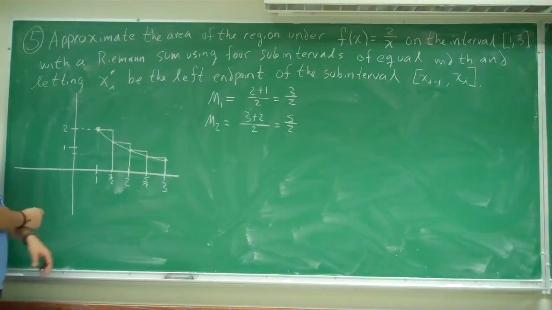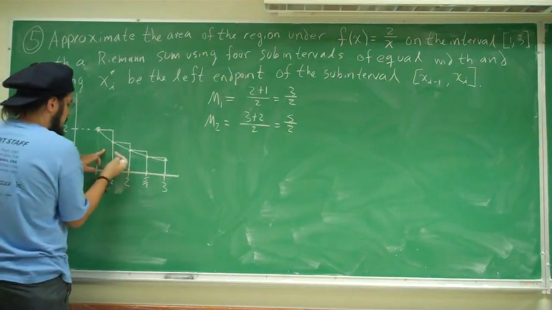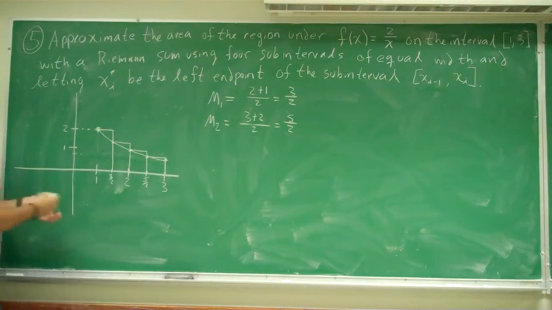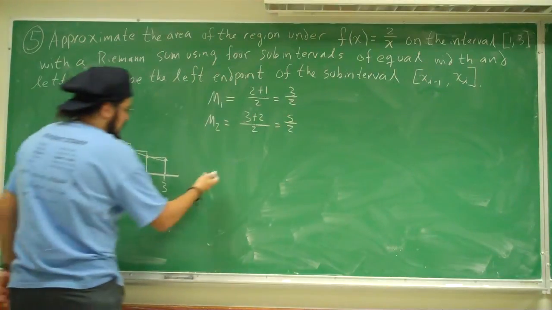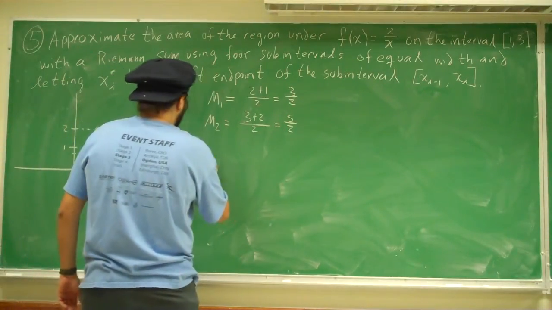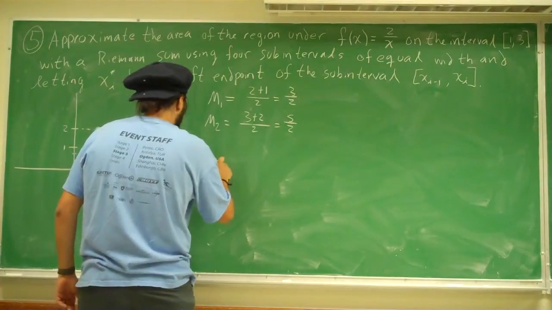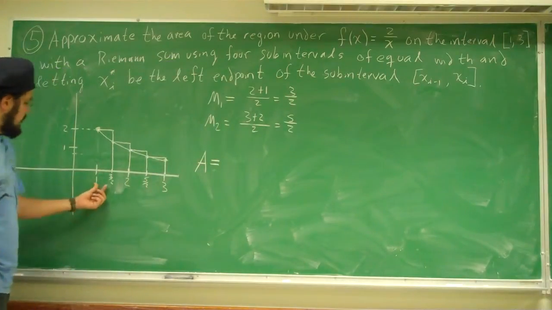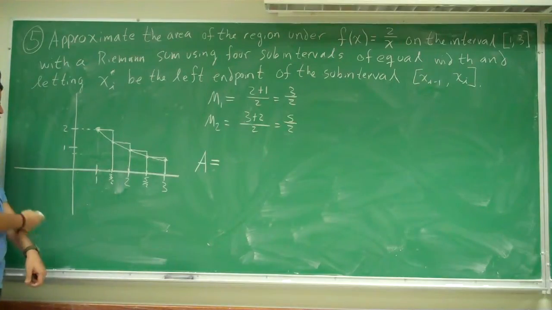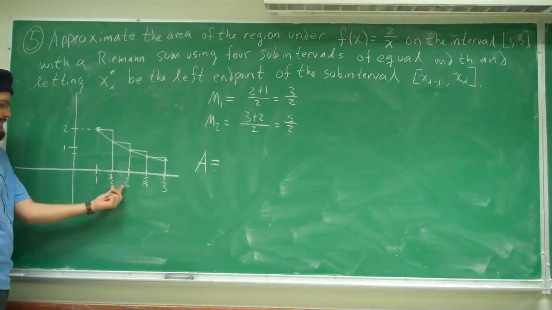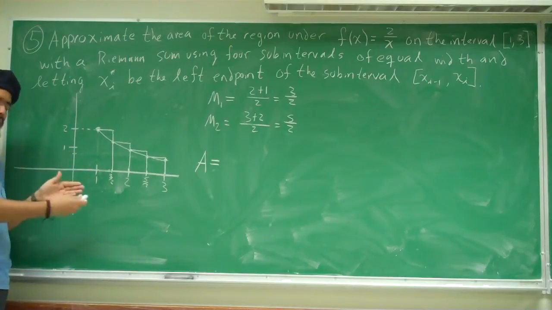Okay, so to find the area of these 4 rectangles, we just have to multiply length times width, or width times length, right? So what do we get here? The area is equal to, okay, this little piece right here is going to be 1/2, and it's going to be 1/2 for all since it's equal width.